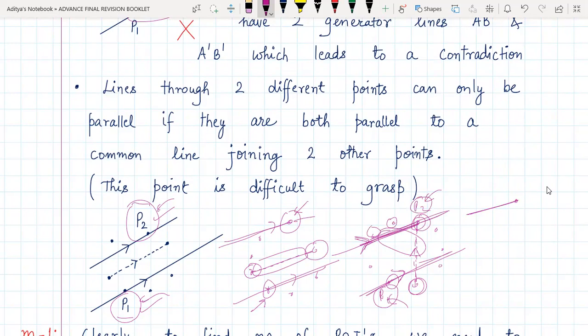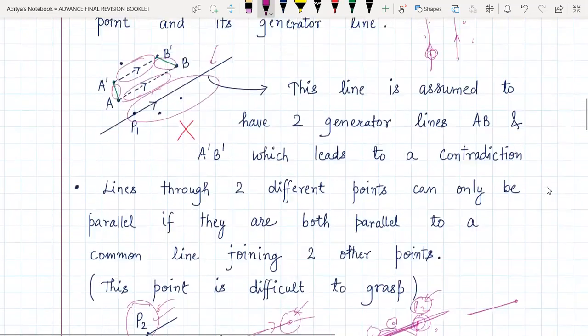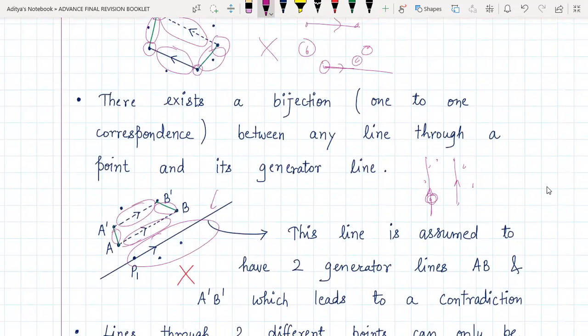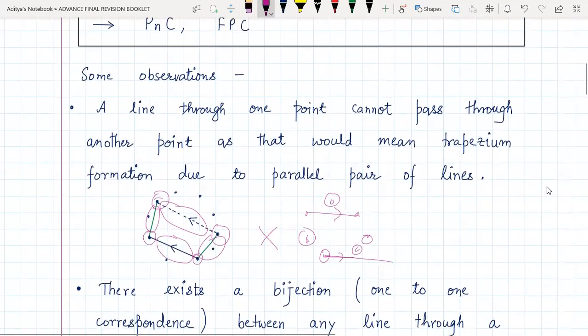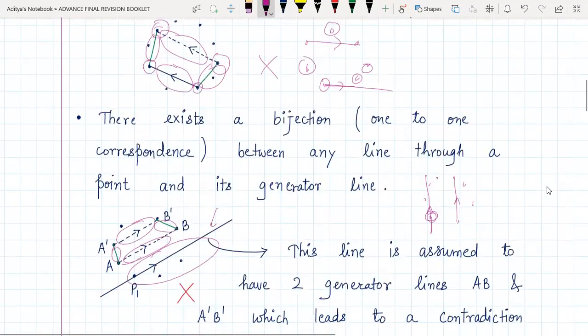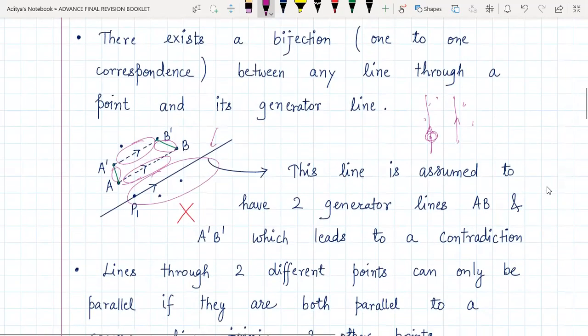And since it can't join two points, it can't act as a generator line, because according to the rule given in the question, first we find a pair of points other than the point through which the line has to be drawn, and that is acting as a generator line.